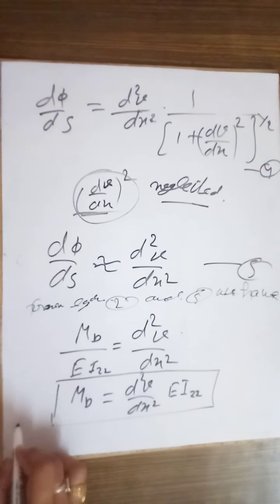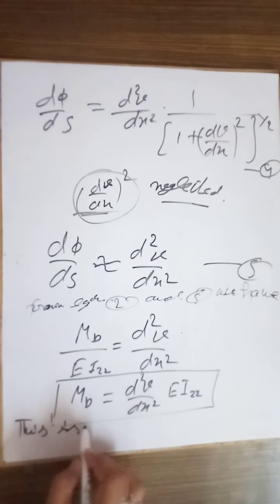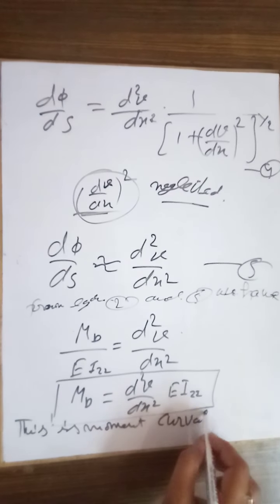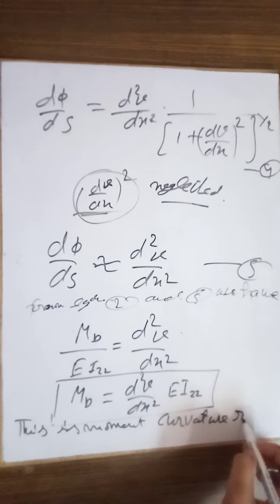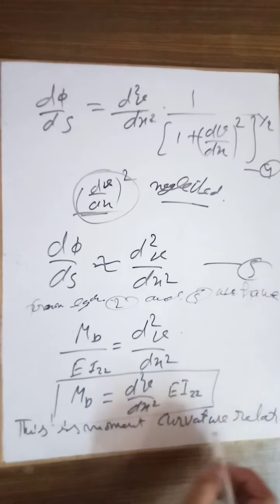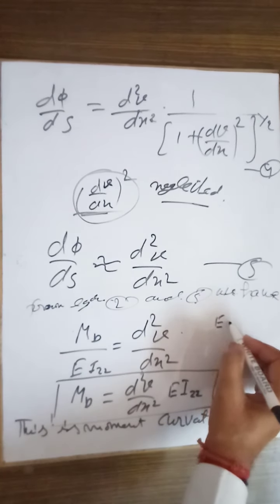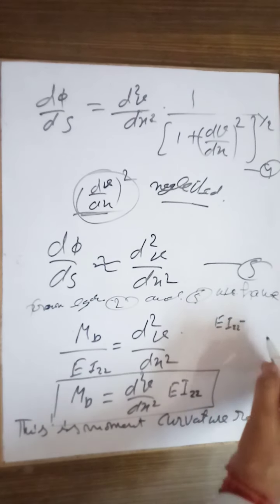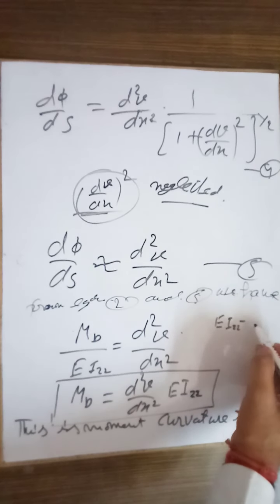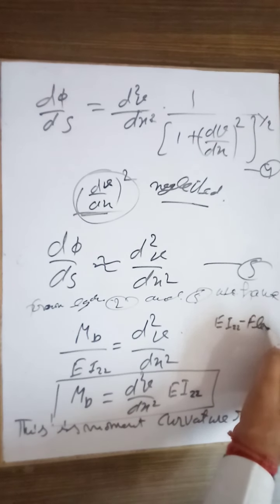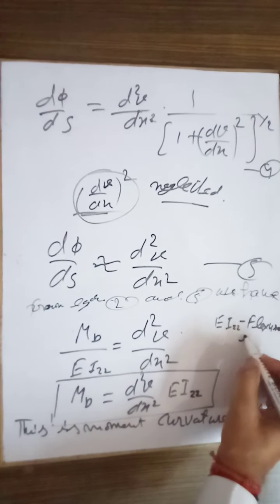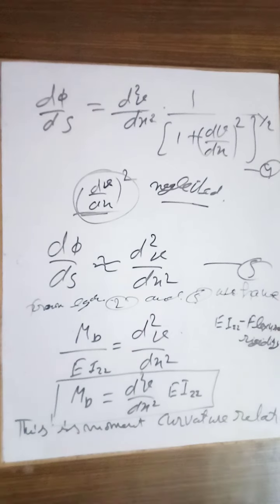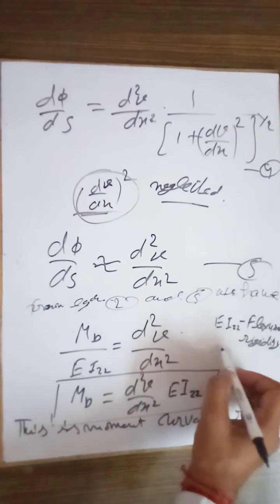So this is our moment curvature relation. We have this from E Izz, which is known as the flexural rigidity or bending moment.